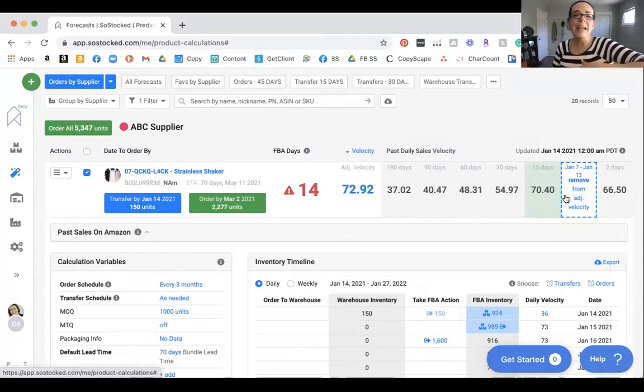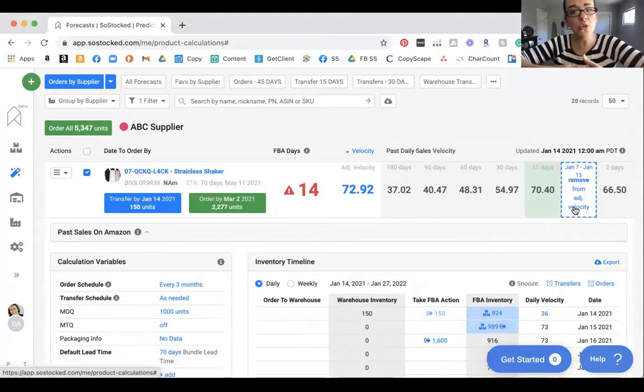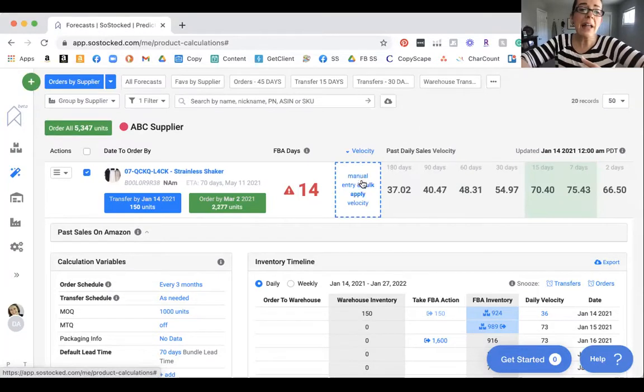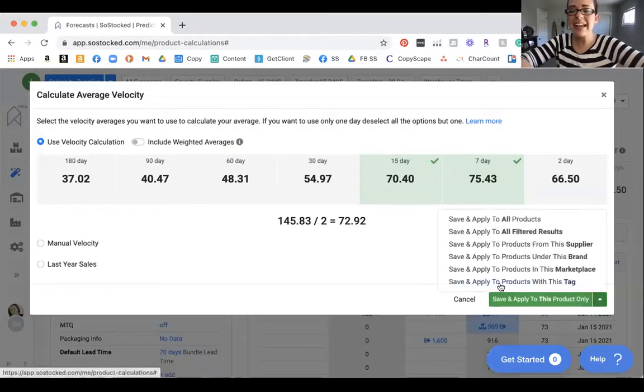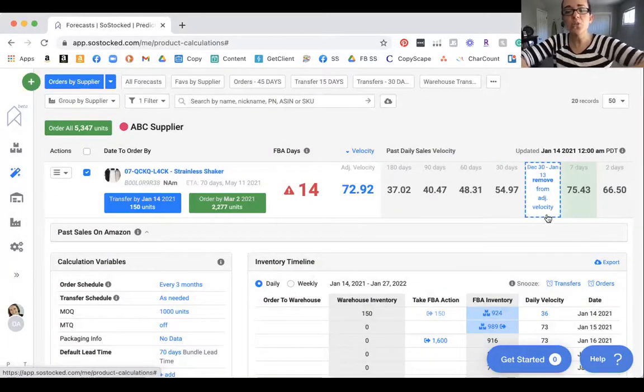Really start to look at how it is affecting things, and maybe if you're doing some significant marketing with particular SKUs, you for the time being switch to some of these narrower, shorter term velocities. And you again could utilize tags to do that, right? You could tag it as marketing, and anything with marketing, you could then switch the velocity settings for those particular SKUs.